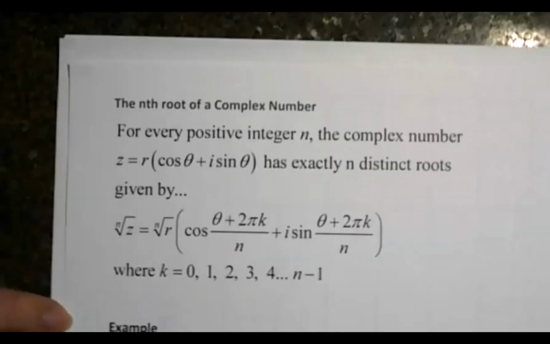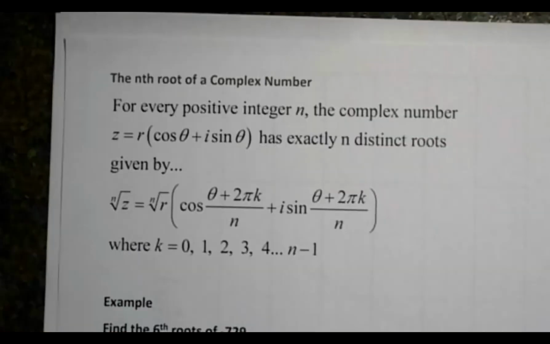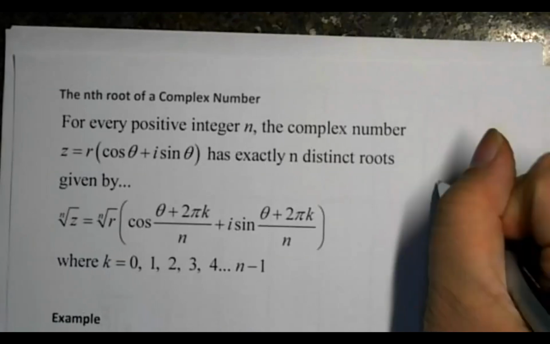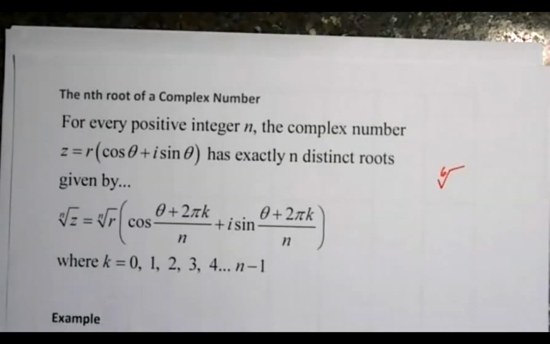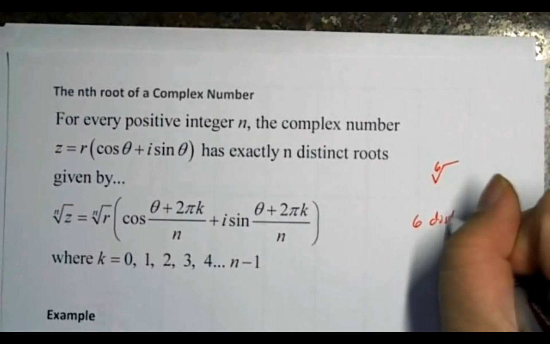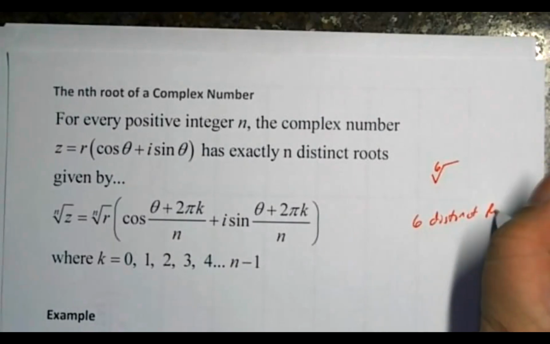So we have a formula for finding the nth root of a complex number. For every positive integer n, the complex number z equal to r times the quantity cosine theta plus i sine theta has exactly n distinct roots. So that is exactly what happened for the problem we just did. We took the 6th root and we had 6 distinct roots.